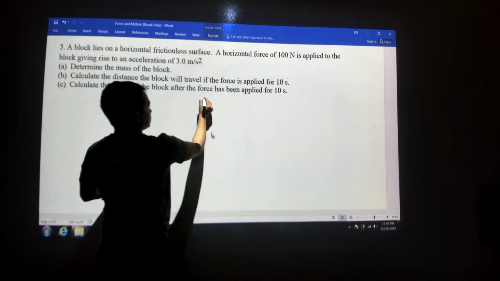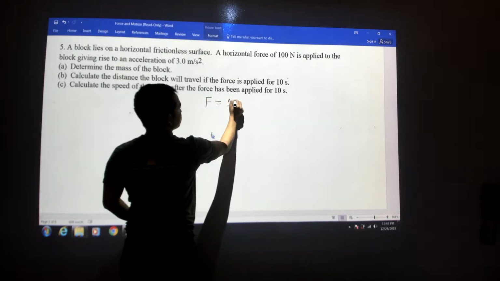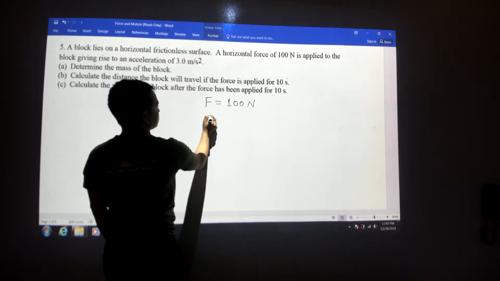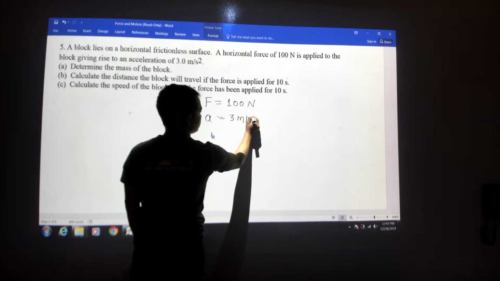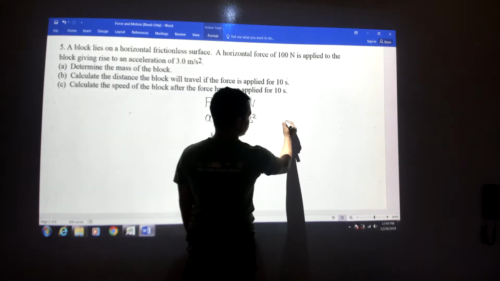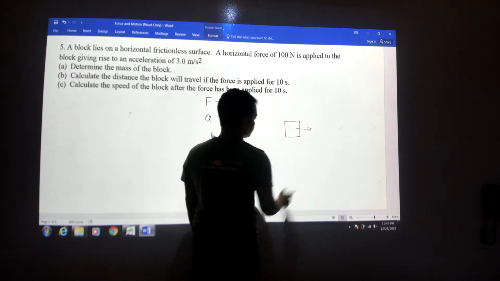So you know the force. The force is 100 Newton and the acceleration is 3 meter per second square. So you have an object and you apply a force.